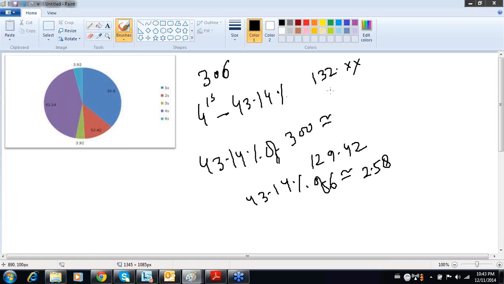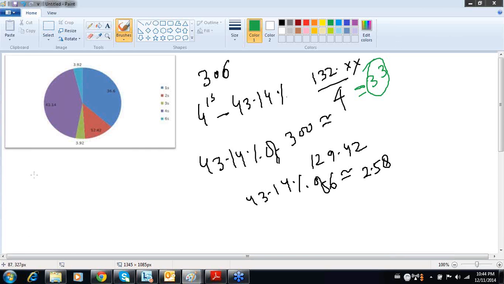Now it is saying by 4, so divided by 4. You will get 33 fours. He hit 33 fours.